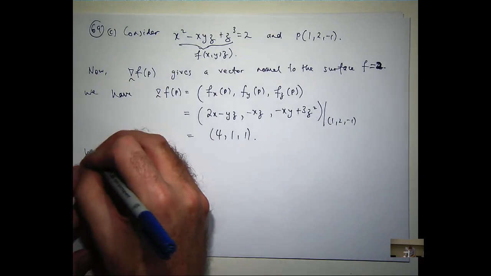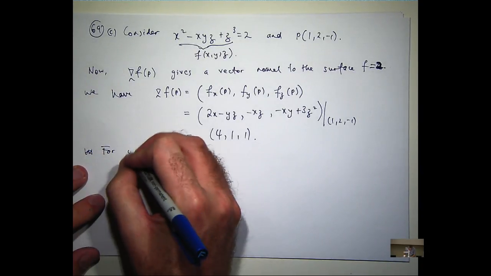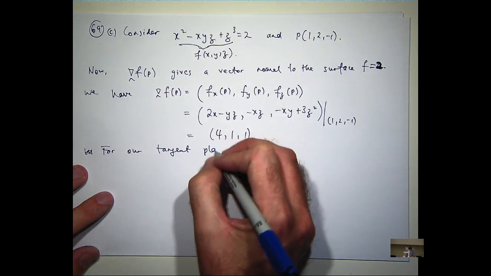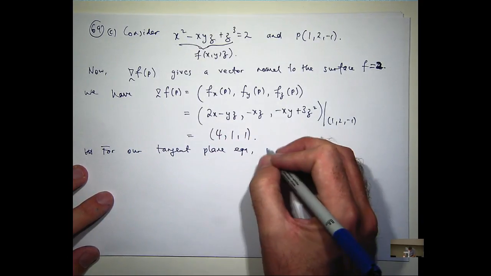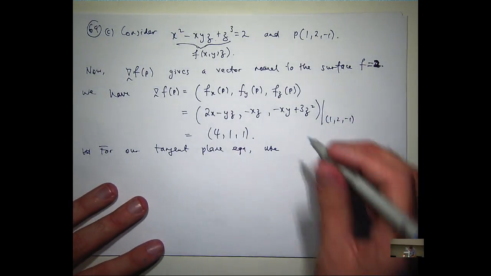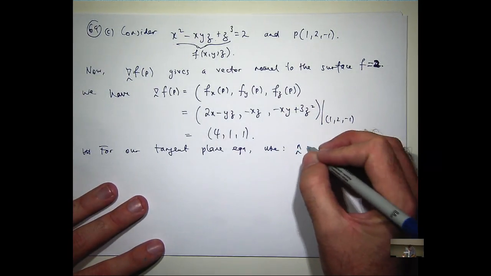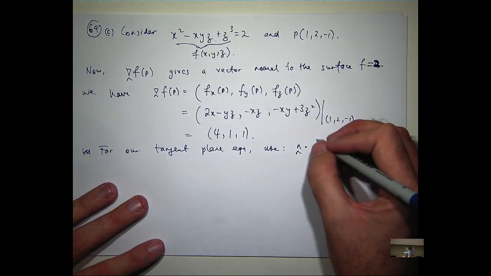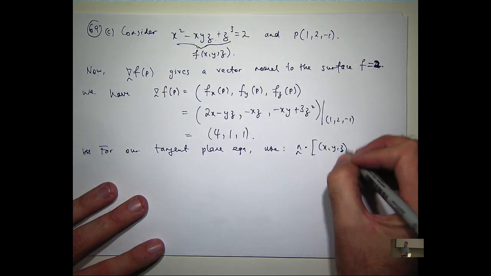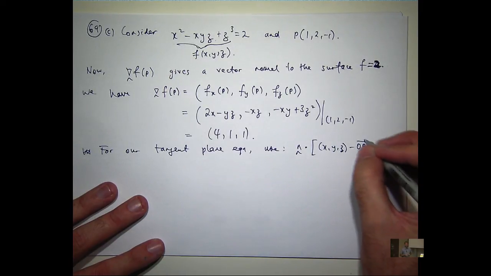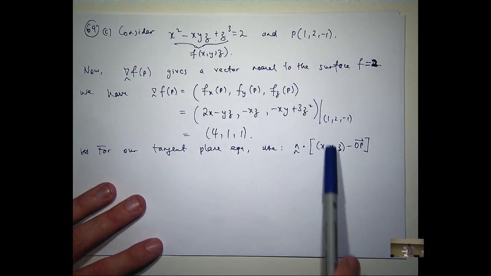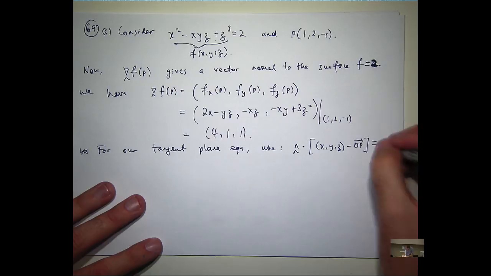So for our tangent plane equation, we use something like this. We want a normal vector to the plane, and we want some other vector in the plane. So x, y, z is just some arbitrary point on the plane. And we know the dot product's got to be 0.